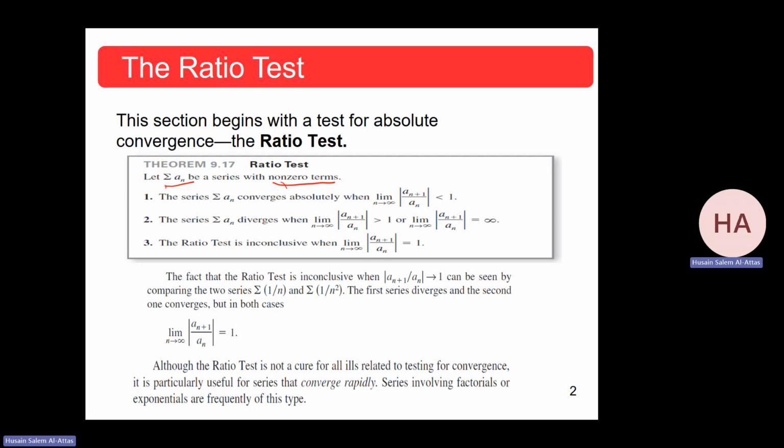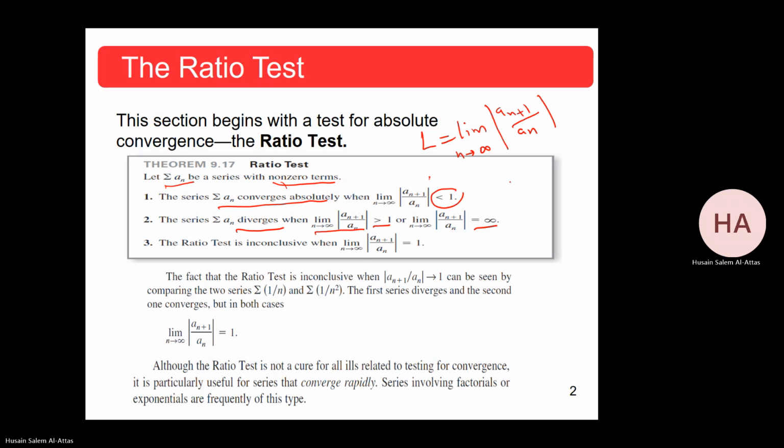Then you'll find this quantity L, which is the limit as n goes to infinity of a_{n+1} over a_n. If that L is less than 1, then we say the series converges absolutely. If L is greater than 1 or is equal to infinity, then we say the series diverges.